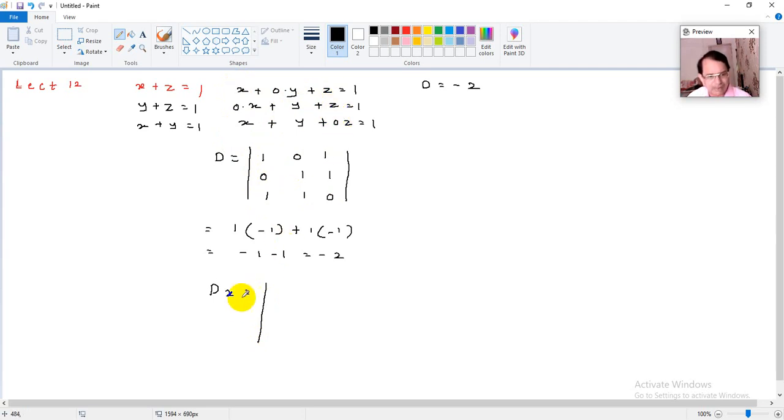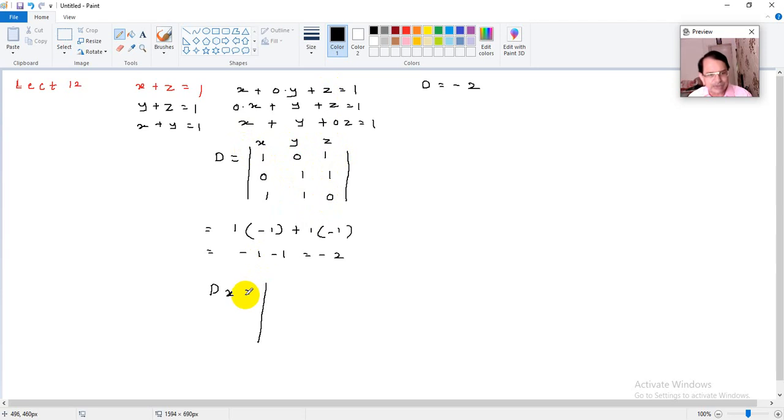If you want, you can write like this: this is x, this is y, this is z. It is not necessary if you can understand properly, but if you are confused with all these things, it is better to write. That means the first column is the coefficients of x in this equation, the second column is the coefficients of y, and the third column is the coefficients of z. Immediately I come to know this when I write x, y, z like this.